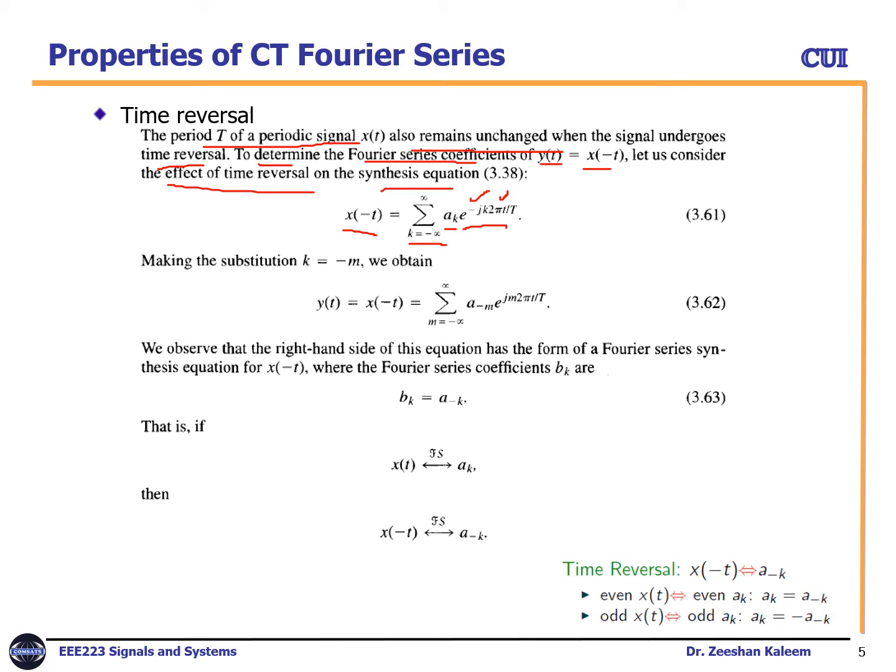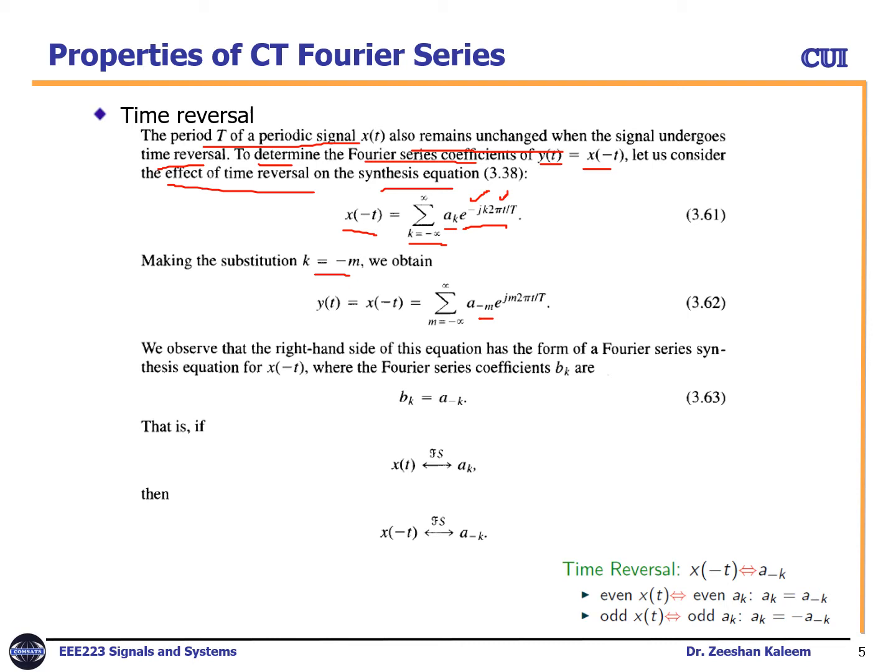Making the substitution k equals minus m, let's suppose that we have k equals minus m. We obtain y(t) equals x(-t), and when you replace k with minus m, it becomes the sum over m from minus infinity to infinity. There will be no change in the limits because infinity to minus infinity or minus infinity to infinity is the same.